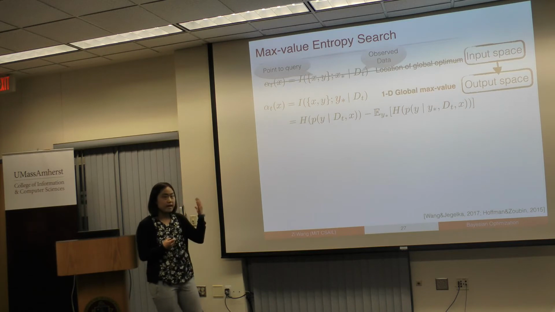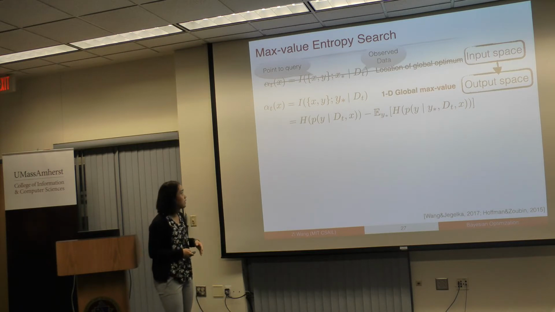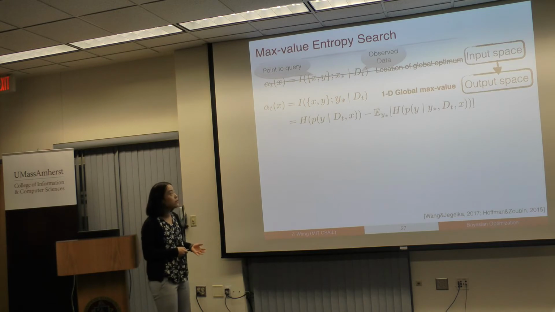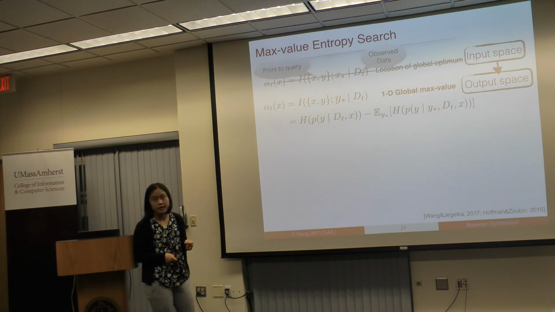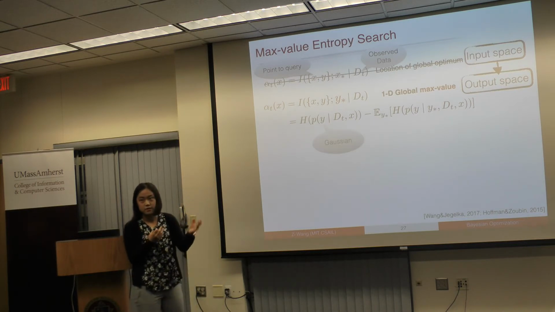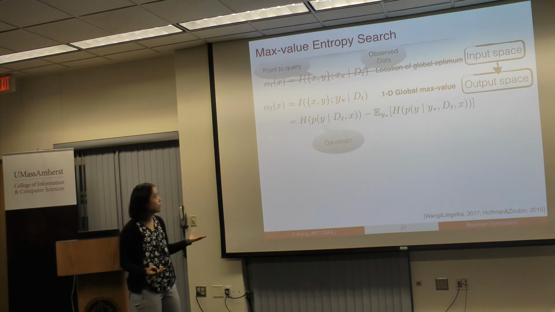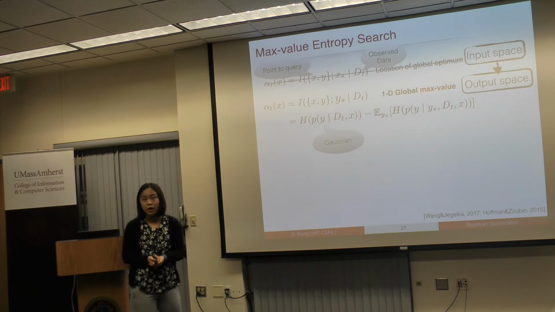And again, for this particular mutual information, we can write it down in the form of reduction in the entropy. In this case, we can show it as the reduction in entropy for the function value given the one-dimensional global max value. The very nice thing here is that for the first term, this particular variable has a Gaussian distribution, so its entropy is very easy to obtain.